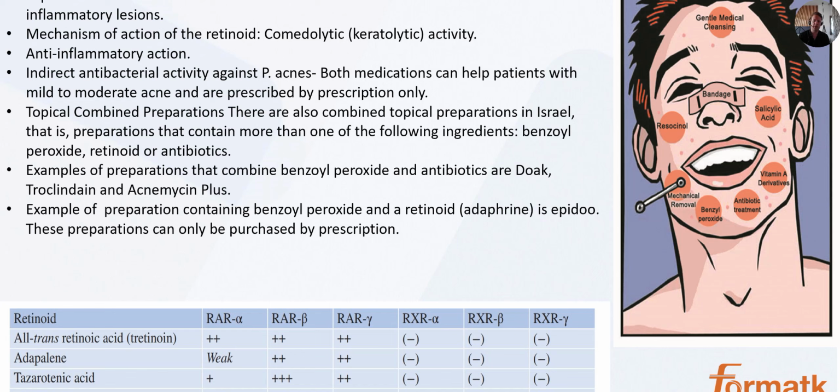There is a lot on the market that sometimes uses vitamin A with benzoyl peroxide, and you have several topical drugs for this kind of combination, but they are usually with a doctor's prescription. Different types of vitamin A derivatives have different receptors. You can see here some of their names, and they target different receptors of vitamin A.